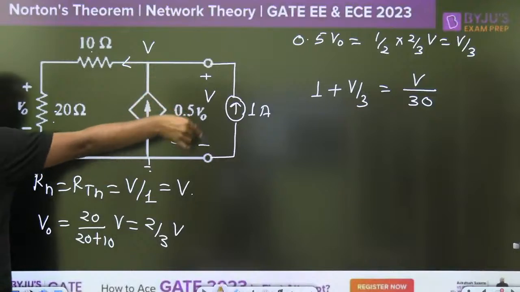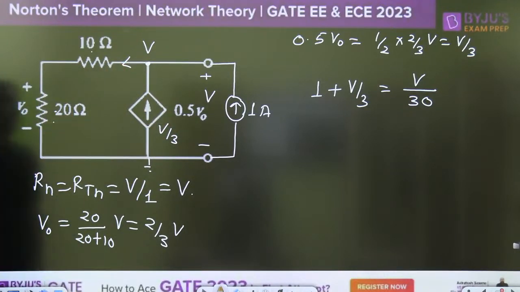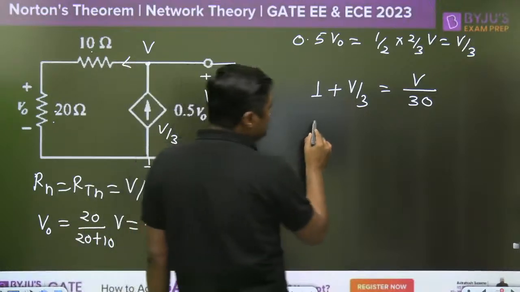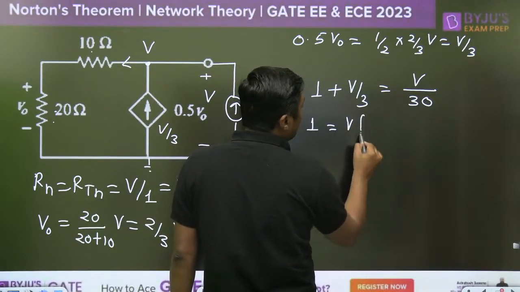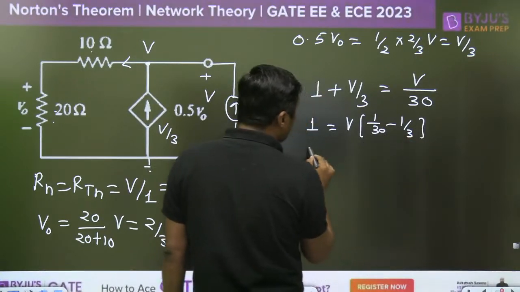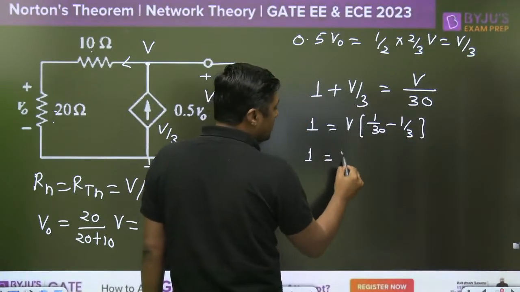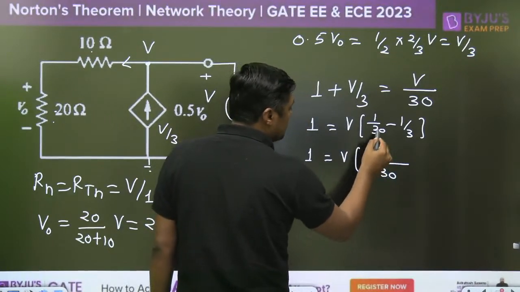This is the incoming, this is the incoming. I am writing the KCL at this point. Incoming plus incoming is equal to outgoing. Now 1 is equal to 1 by 30 minus 1 by 3. You can take 30 as the LCM.